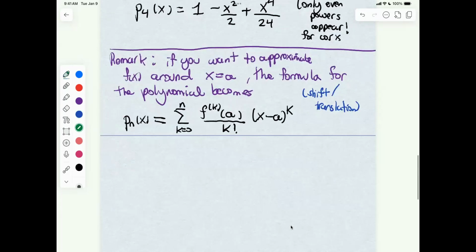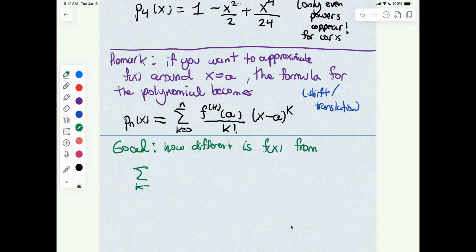But the goal is: how different is f of x from this thing when you put infinity at the top, like a limit kind of thing?